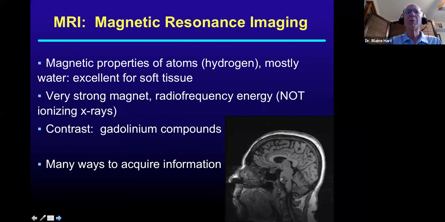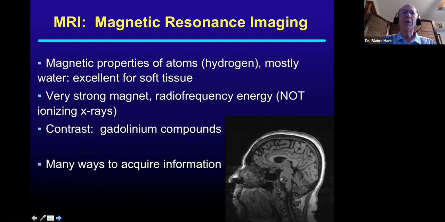The test of choice for most purposes for looking for cavernous malformations is MRI, magnetic resonance imaging. This is done producing two-dimensional cross-section pictures that look in some respects like a CT scan, but the physical basis is completely different.